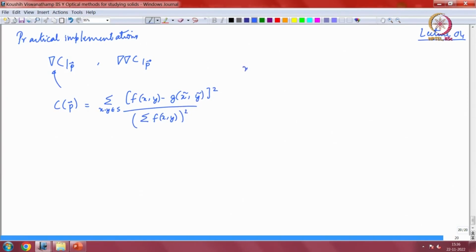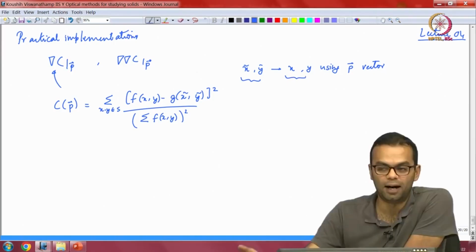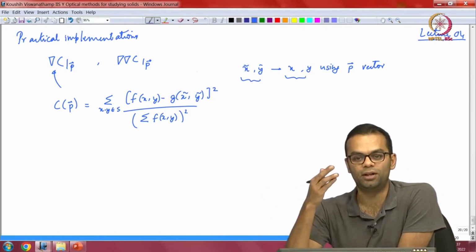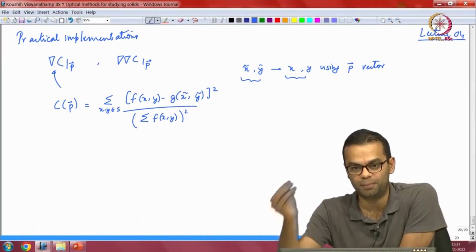Now, x tilde and y tilde are obtained from x and y using the P vector. So, any derivative with respect to P will only act on the x tilde y tilde, not the x y, right, because x y are in the undeformed configuration and x tilde y tilde are in the deformed configuration, and you can only get from the undeformed to the deformed using P, right.